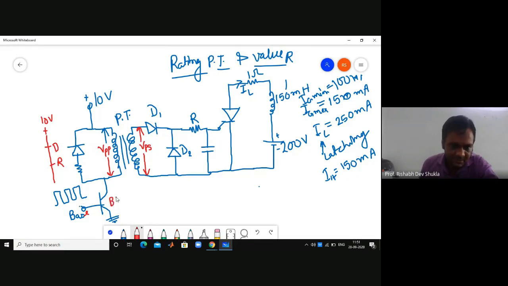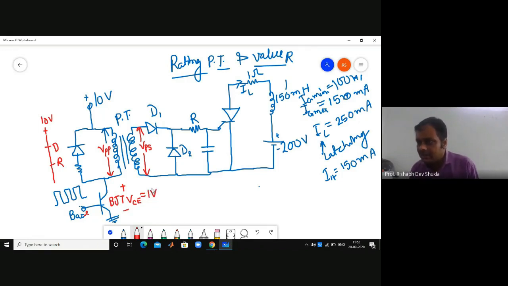When the BJT is on, here is VSAT, V saturation means VCE. VCE, according to the question, can be taken as 1 volt, because transistor, diodes, gate to cathode junction during on state are 1 volt. When the BJT is conducting, VCE, that means collector to emitter voltage during on, is 1 volt.